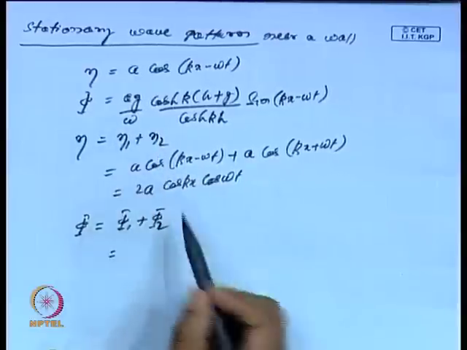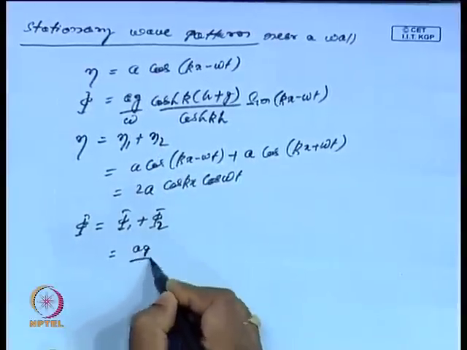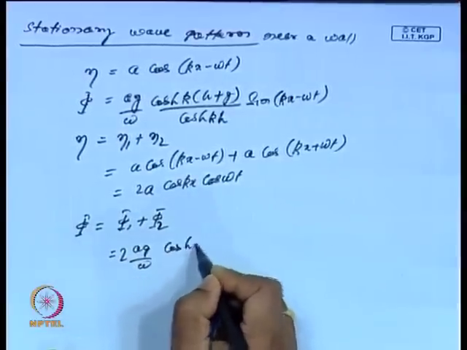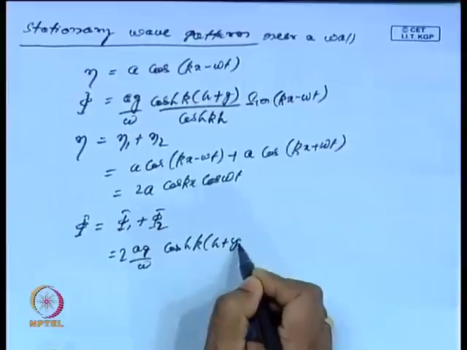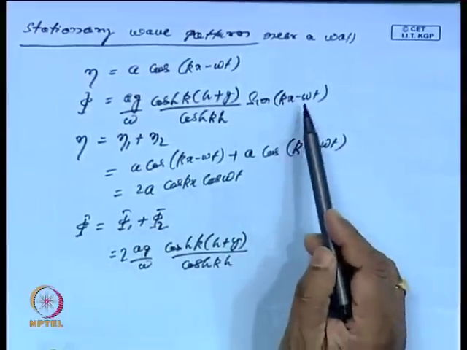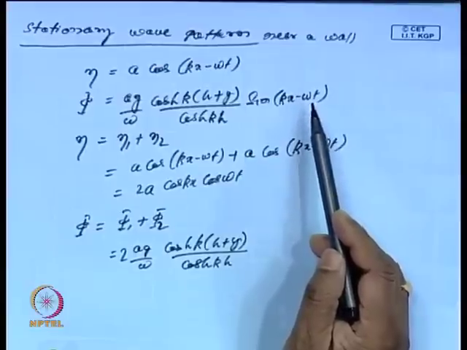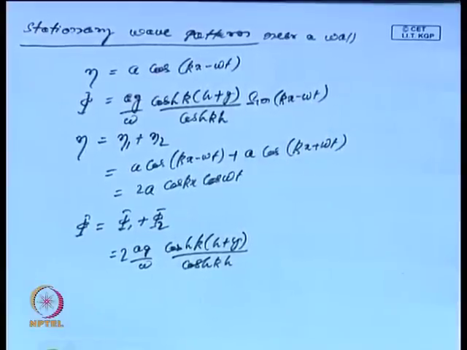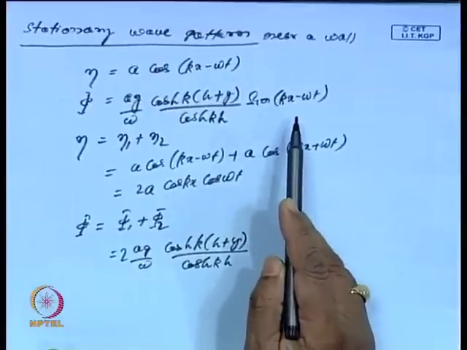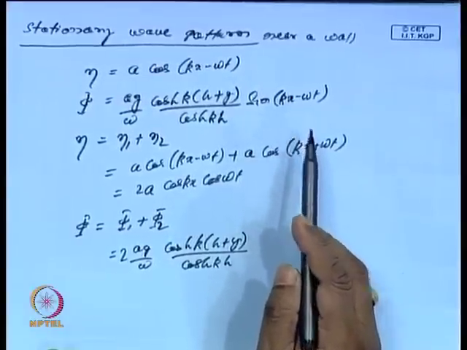Then I will have 2a g by omega cosh k(h plus y) by cosh kh. This is sin(kx minus omega t), and in the other case it will come as cos(kx minus omega t), and the other one will come out as sin kx.